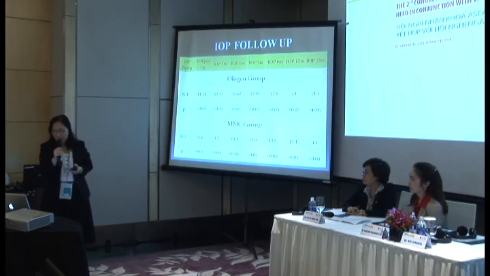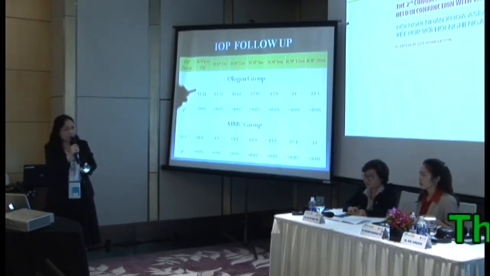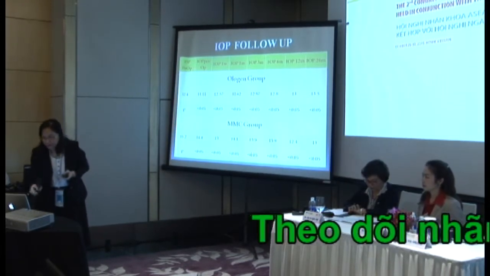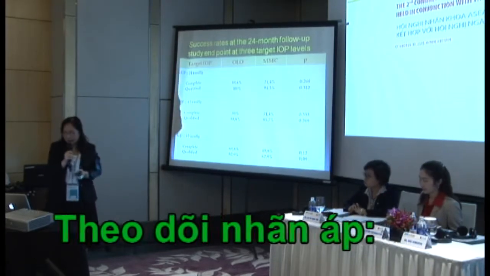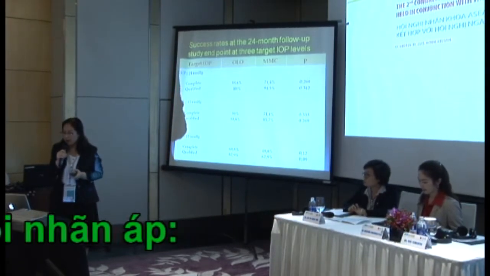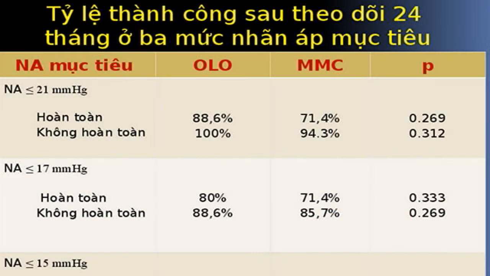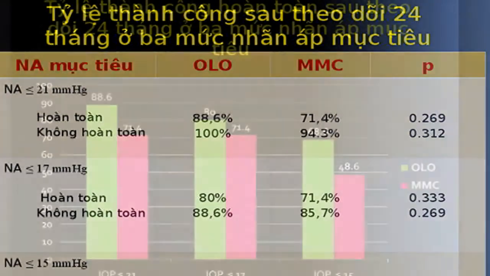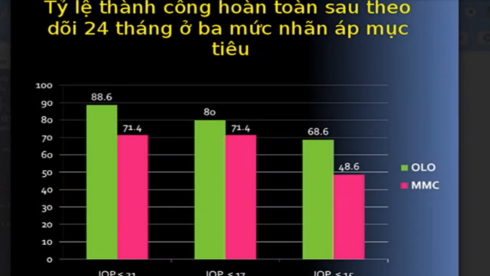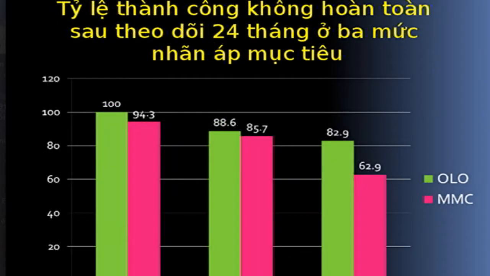Next, the table shows you the post-operative IOP reduction. In the analysis, you can look at the success rate: Ologen seems to be higher than the MMC group. There is no significant difference in complete success and qualified success.